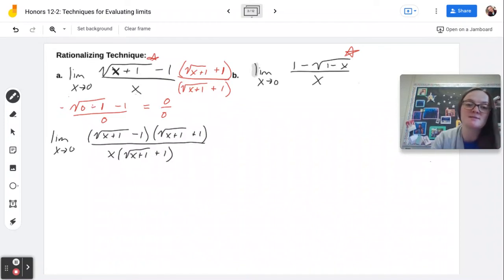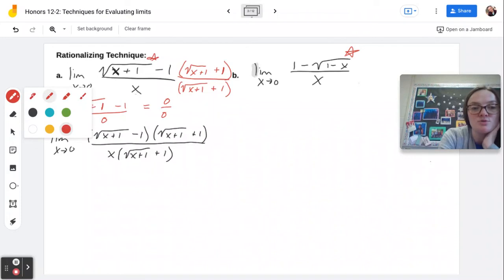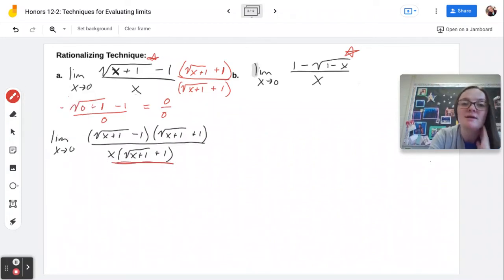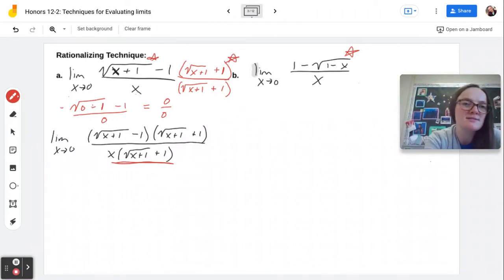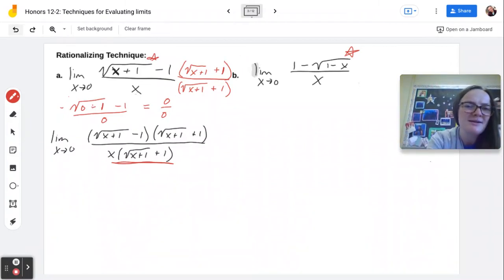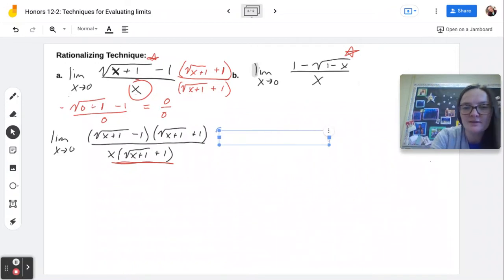So I'm going to give you guys some hints here. In general, you are not going to multiply out the non-conjugate side. So in this case, the numerator is the conjugate side, not the denominator, because the numerator is the one that we're multiplying by the conjugate. The denominator, x, is not the conjugate of square root of x plus 1. So as a general rule of thumb, in fact, I'll even type it out here, the only one you're going to expand is the conjugate.